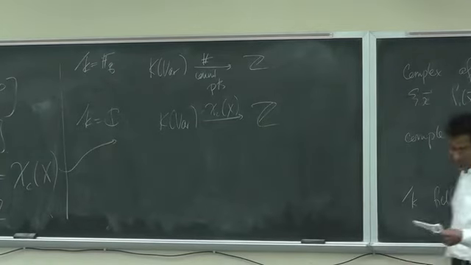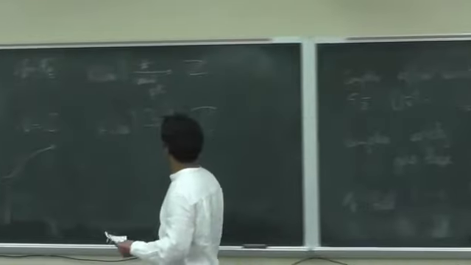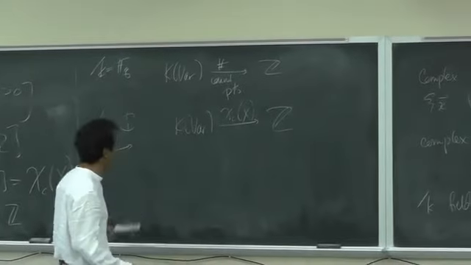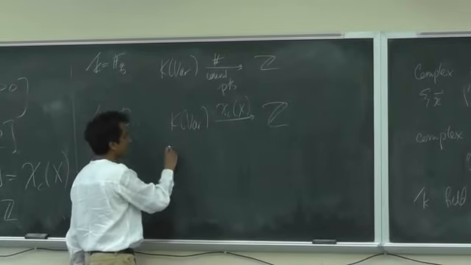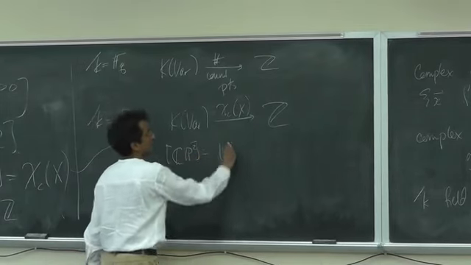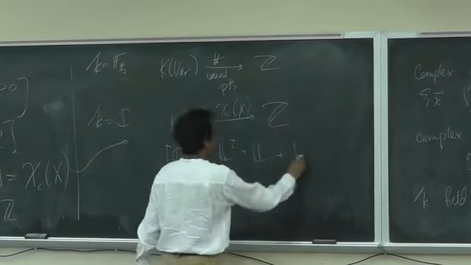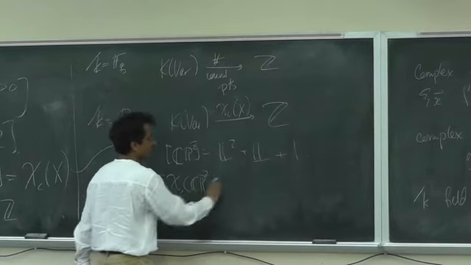Well, they're not even almost manifolds, for example. So in other words, we can tell from the class of a variety when it's compact and what the Euler characteristic is. And so we know, for example, that CP2 is L squared plus L plus 1 again. And so from this, we know the compactly supported Euler characteristic.